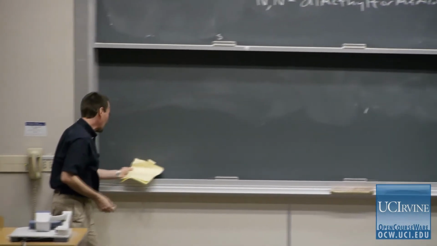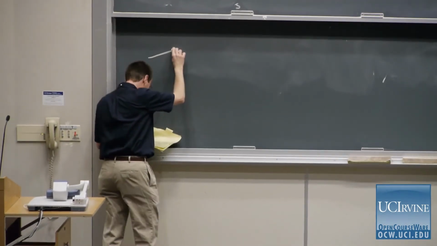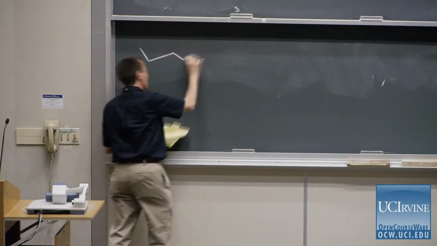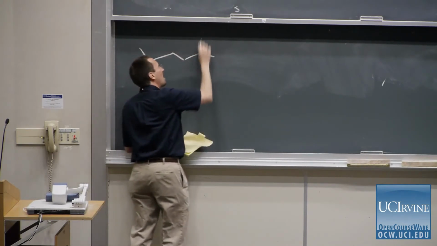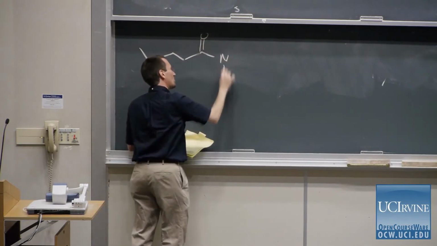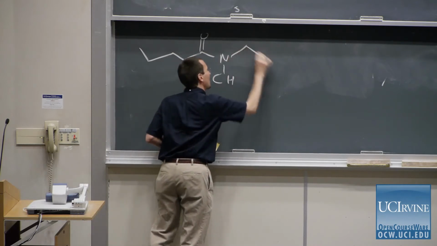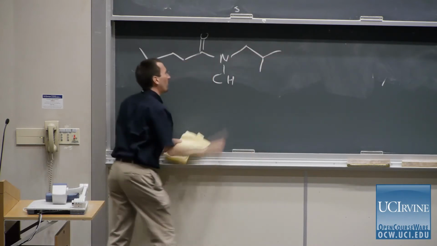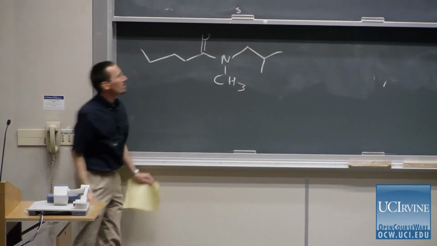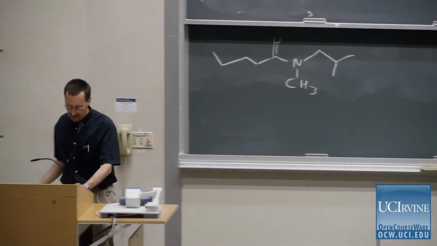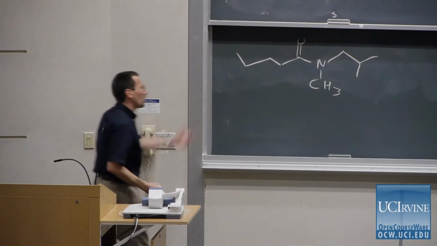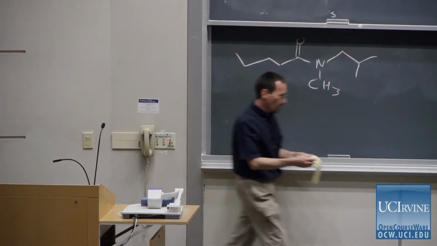Now, I'll give you one thing that I wouldn't expect you to obsess over, but I was obsessing over, just to show you one other example where we have two different substituents. This is another tertiary amide, and for this particular one, it was an example from your book.